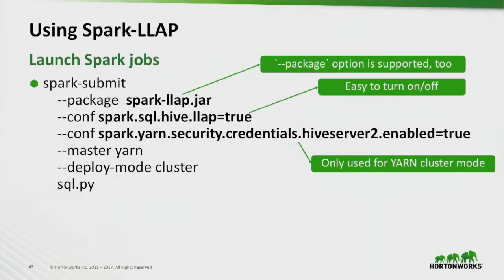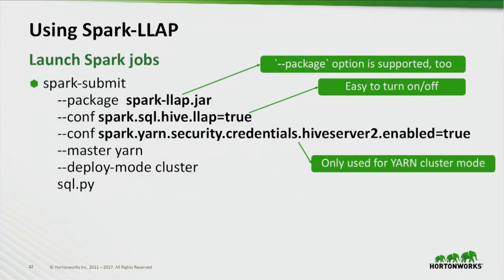The Spark LLAP is still a technical preview, because we want to prepare for Spark 2.2, which will be released next month. We want to release HDP 2.6.2, the second version. At that time, we want Spark LLAP to be GA with Hive 2.2, so we postponed that until now.